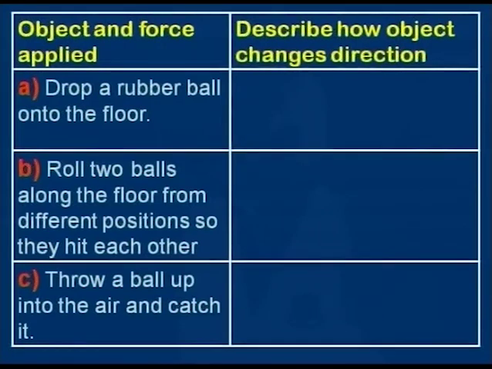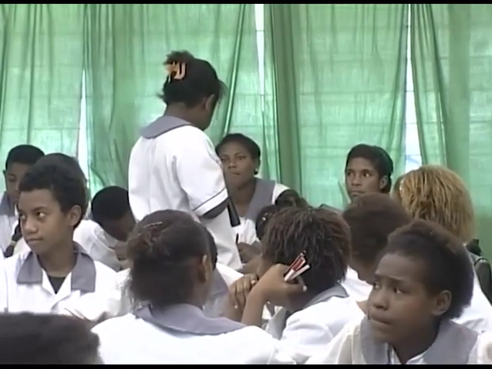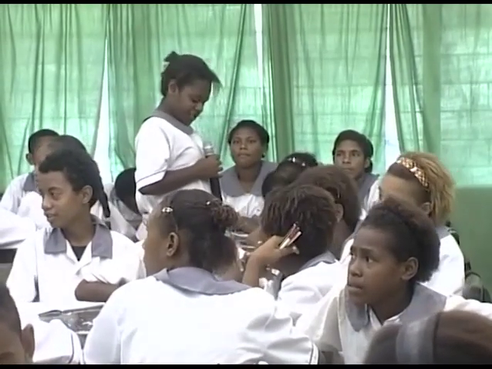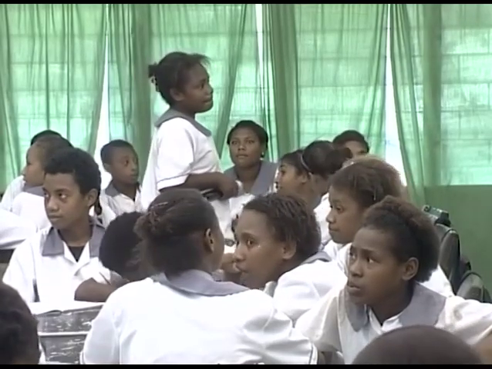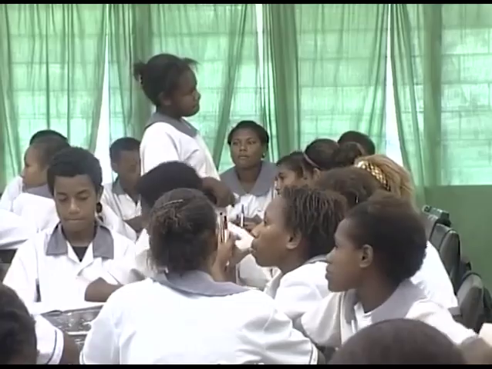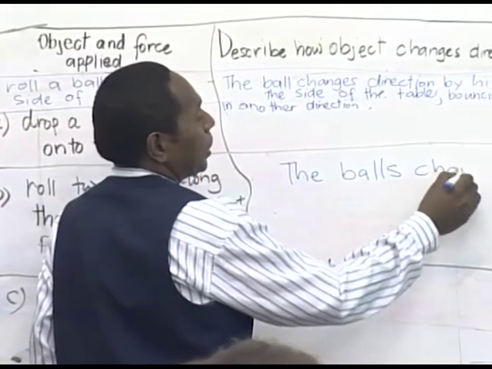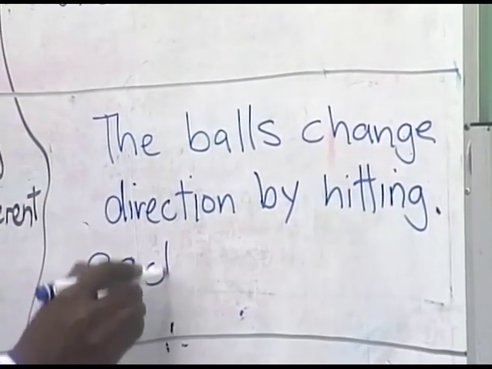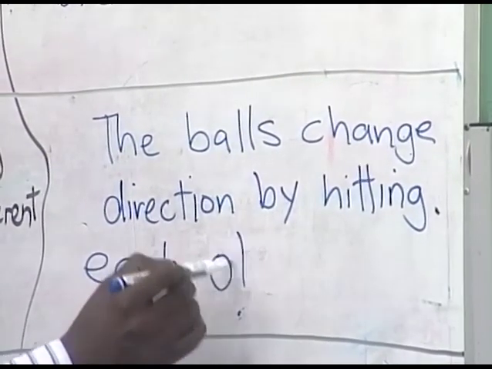Right, let's have Milika. The balls change direction by hitting each other. So the force is coming from the balls. That's where friction occurs, and so they change direction.